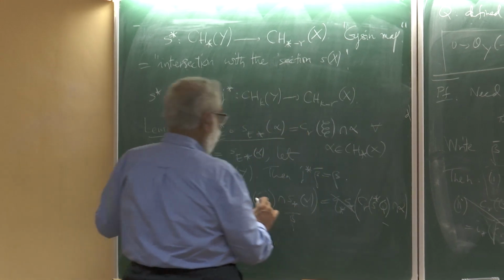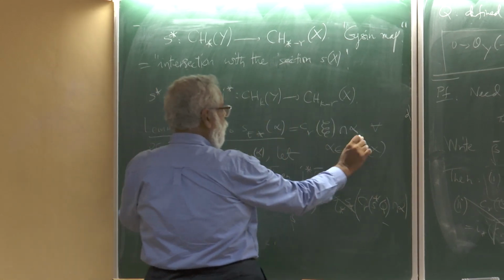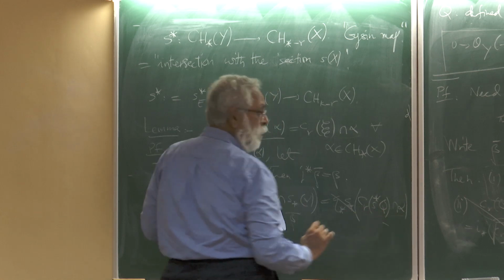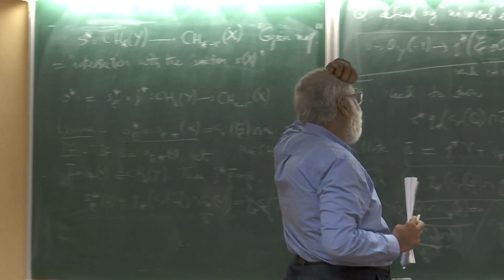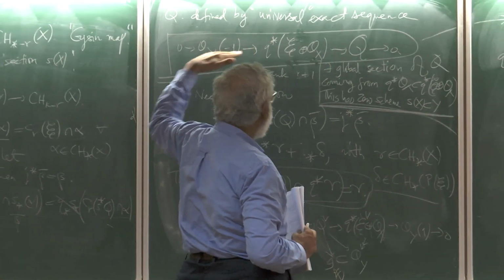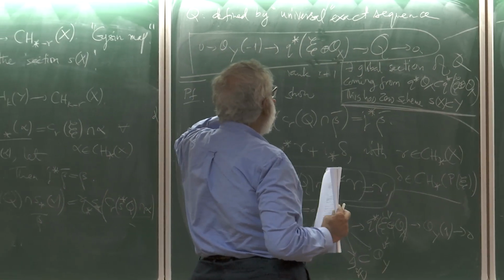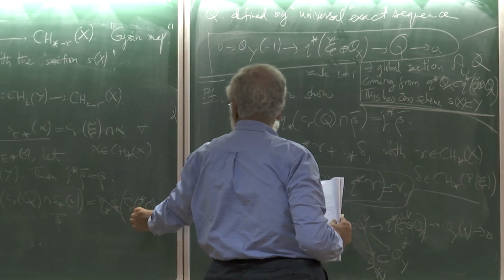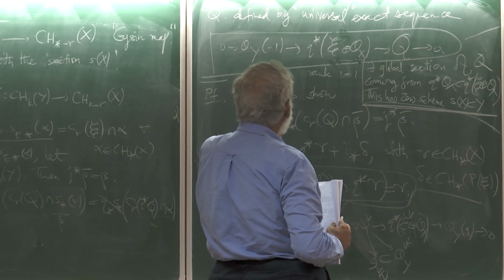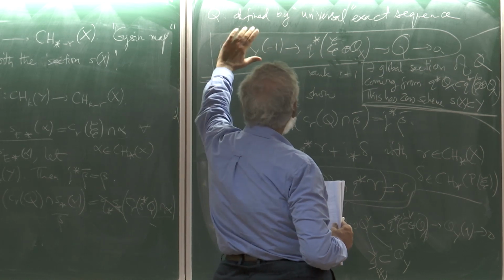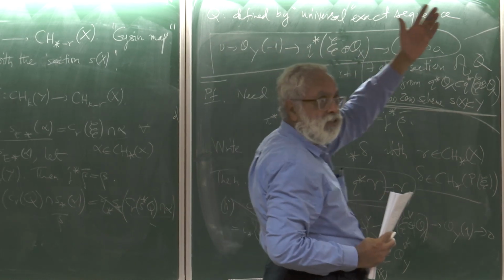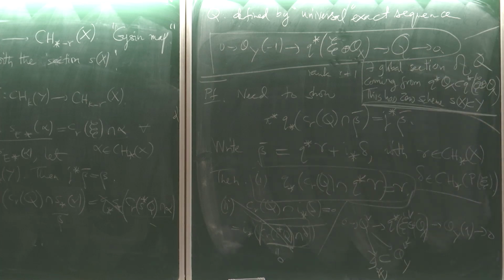So my formula here was CRE cap alpha, and here I got CR S upper star Q cross alpha. But now, is there any difference between them? If I restrict everything to the zero section, which is what this S upper star is doing, it should somehow be obvious that, remember OY of 1 had a section coming from the hyperplane at infinity, right?